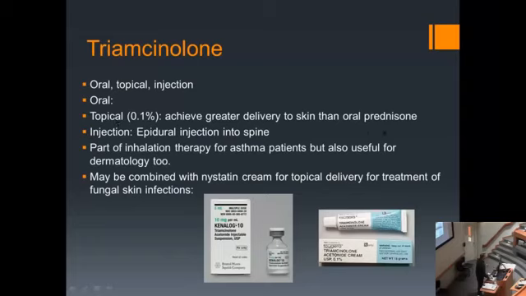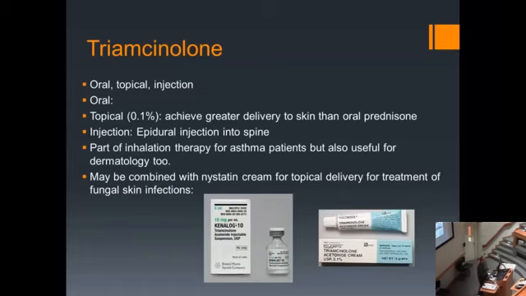Topical cream, we can actually get really nice delivery to the skin, more so than oral prednisone. Okay, so why would you want to use a topical glucocorticosteroid? How about itching? Poison ivy? Poison sumac?